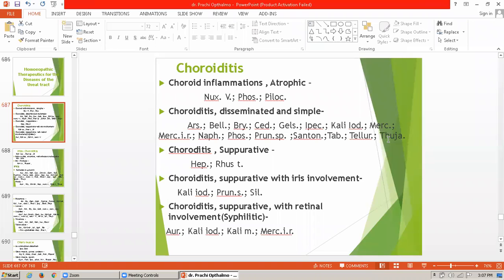When there is a suppurative choroiditis, then Hepar sulph and Rhus tox can be used.